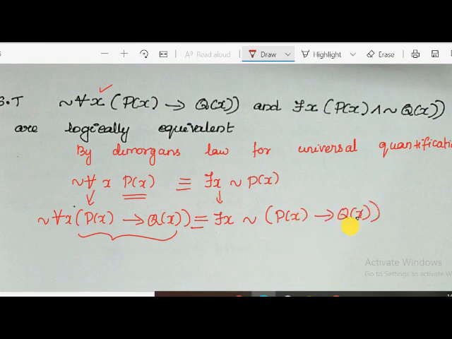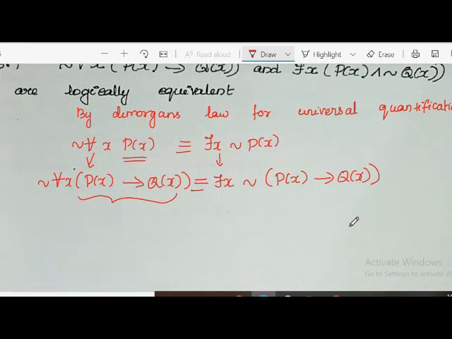Now just go back two sections. That is the logical equivalence involving the conditional statement. There is a table of statements provided there. So just recall the statement. If possible you remember it, because it is the logical equivalence involving the conditional statement.